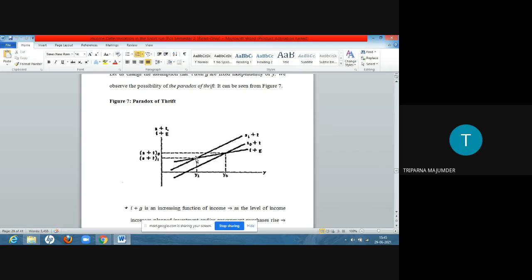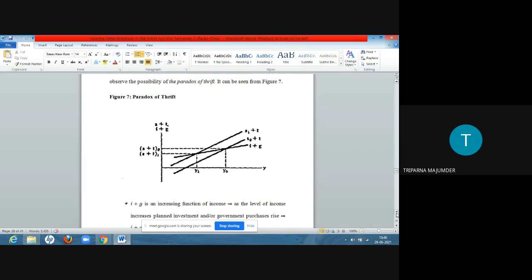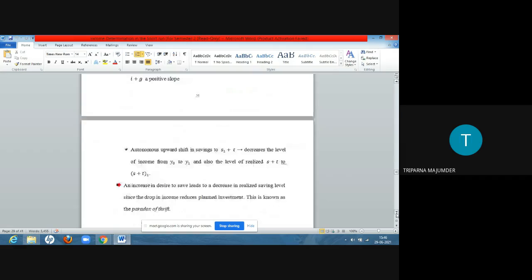Now watch here. Here, as before, income has fallen. In the previous diagram, our savings was constant. But here, savings has also fallen. So what is happening? An increase in the desire to save is leading us to a point where our savings itself is falling. This is known as the paradox of thrift.